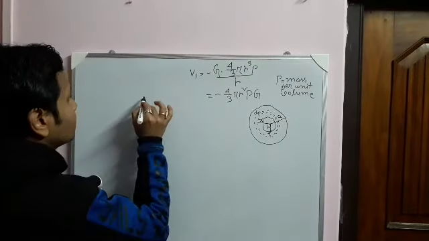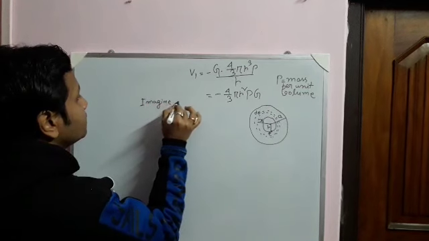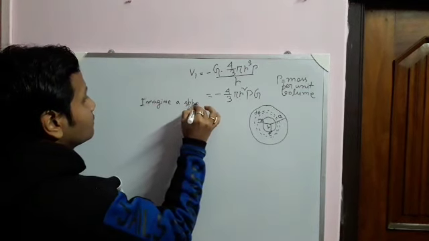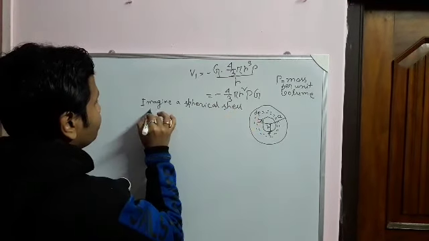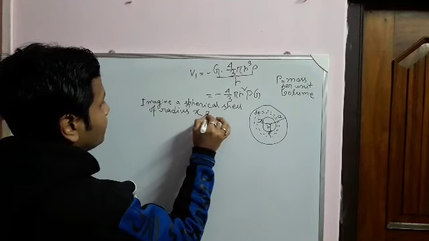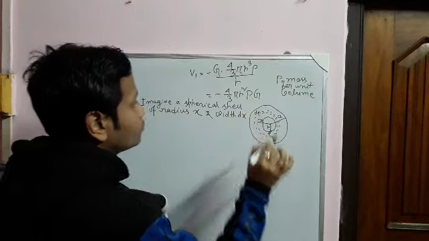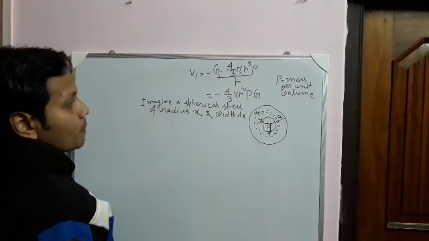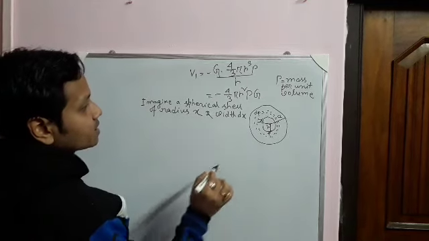So imagine a spherical shell of radius x and width dx. What will be the potential due to this spherical shell?